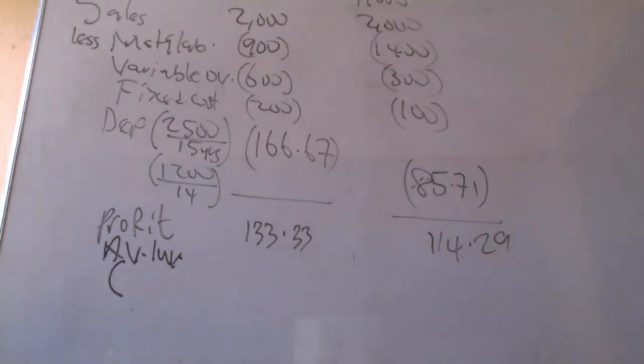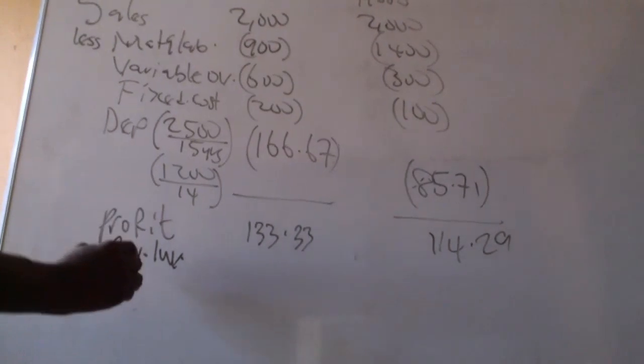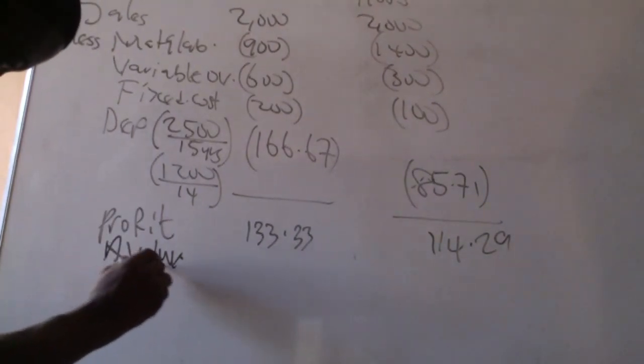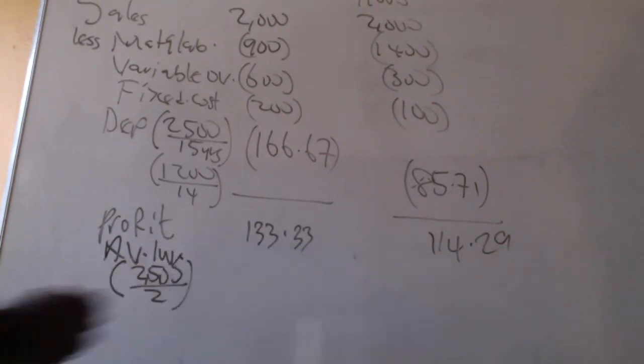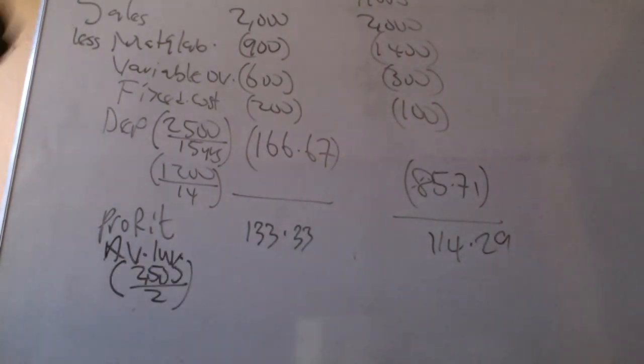Average investment will be the 2,500 divided by 2. That's the average investment. That's 1,250, right?